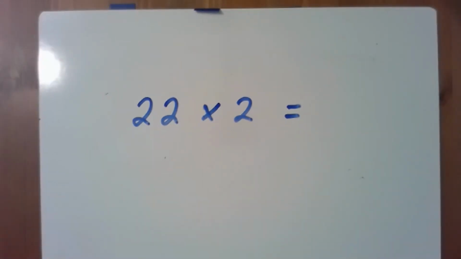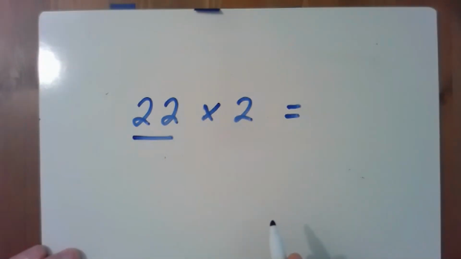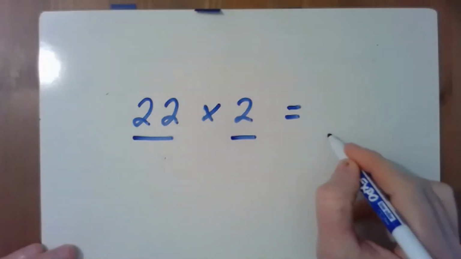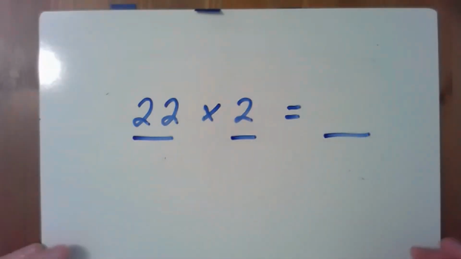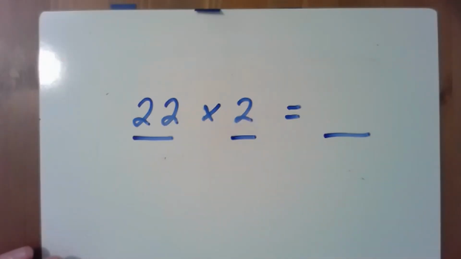The number 22 is our multiplicand. The number 2 is the multiplier. And what we don't know, which some of you probably do know, we can use mental math on this, is the product.